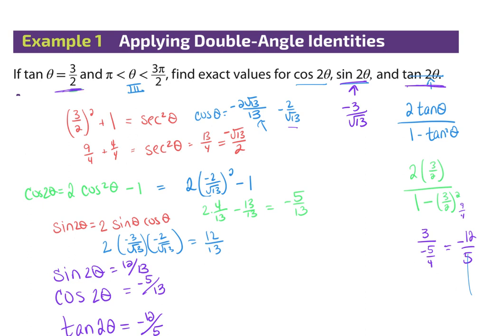Because if you solve for sine of the double angle and you solve for cosine of the double angle, you don't have to use the double angle formula to solve the rest of it. You can literally put sine of double angle over cosine of double angle because that's what tangent is. Does that make sense? In this case, they gave me tangent first. So it was easier just to go ahead and solve for that when I had it, all right? But if you don't have tangent and you solve for the other double angles, you can literally put sine over cosine to get your tangent piece of it.